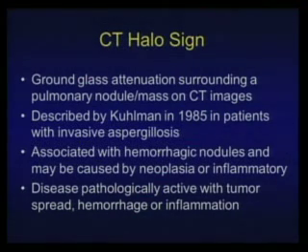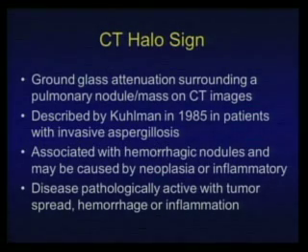CT halo sign is seen in cases of a nodule surrounded by a ground glass opacity. So you have a nodule and you have ground glass opacity surrounding the nodule. That sign was described in 1985 in cases of invasive aspergillosis, but you can see it in many other situations.